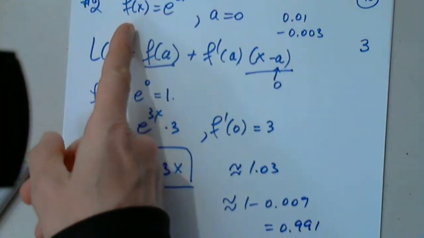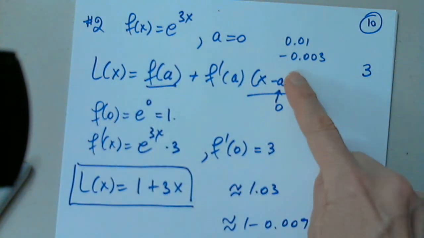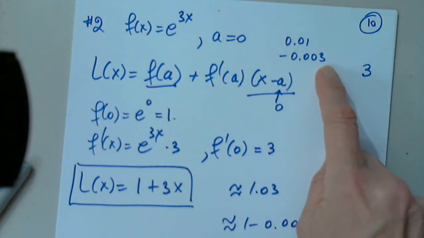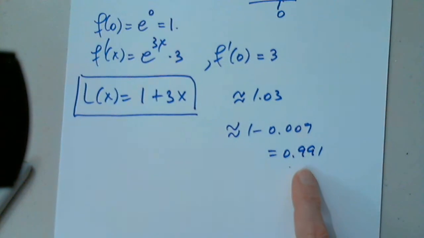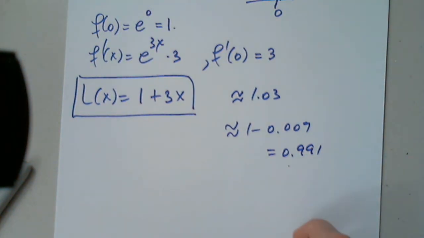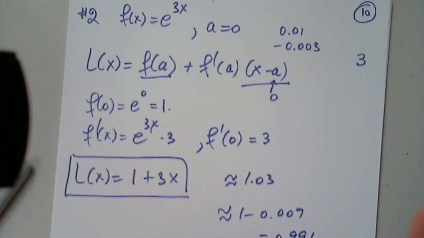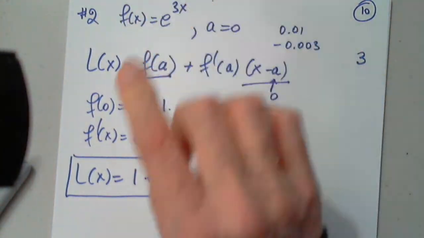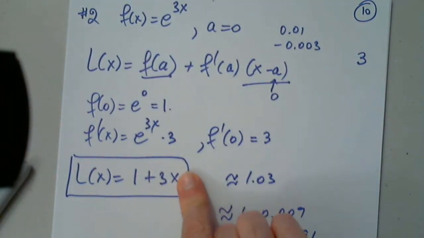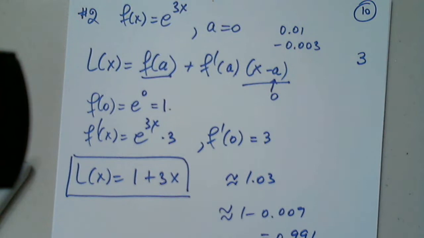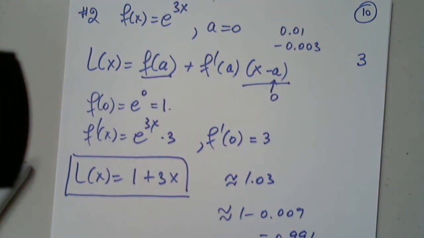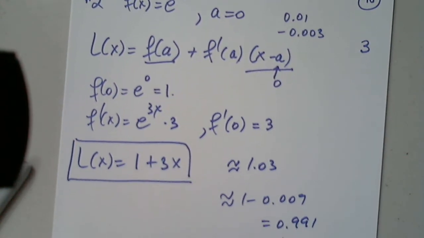You had no idea that you can evaluate this at negative 0.003, and you come up with that. Why were we able to? Because this function can be approximated by this line near 0. Any questions, please? Any questions?